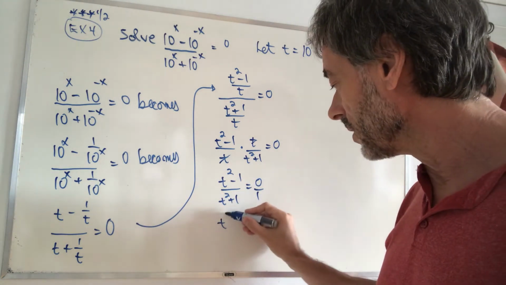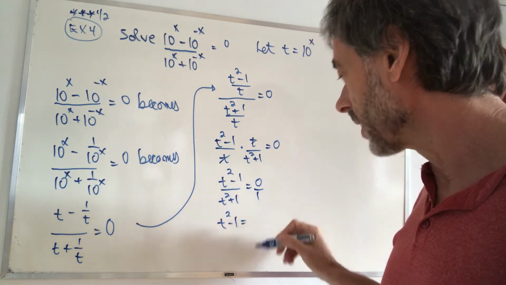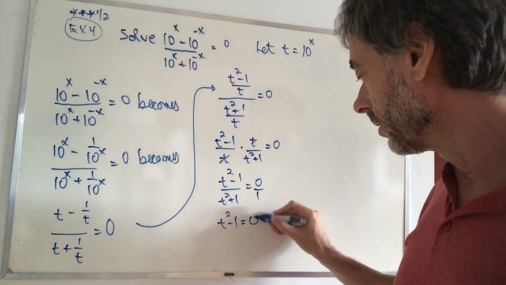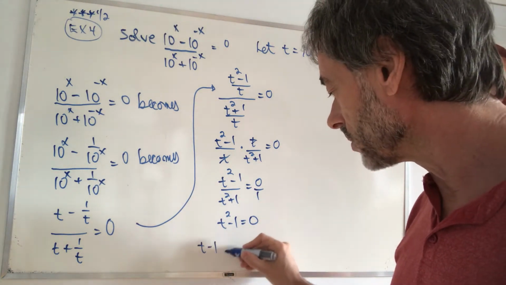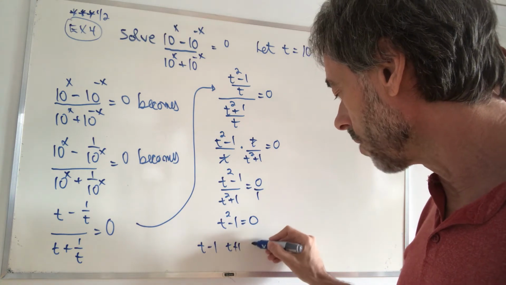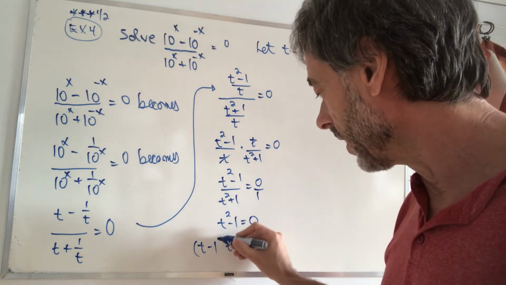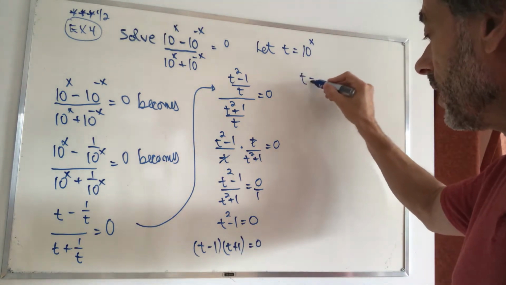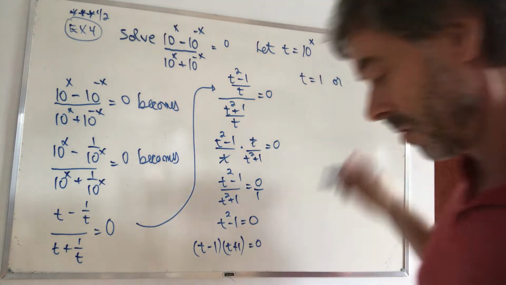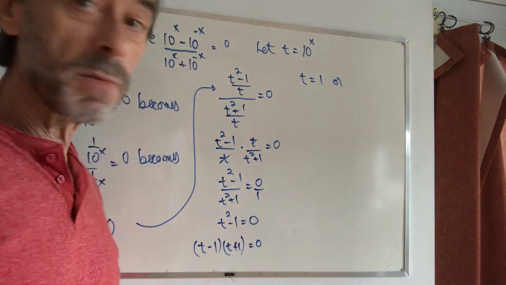And 1 times t squared minus 1 is actually equal to the other side, 0. Difference of squares, t minus 1, t plus 1. So it seems like we have two answers, like t equals 1 or t is equal to minus 1.